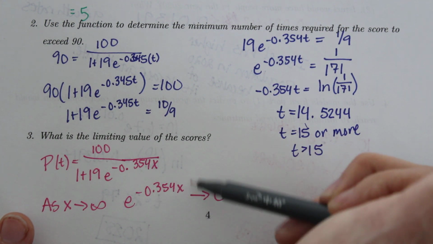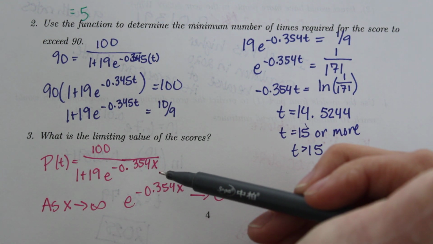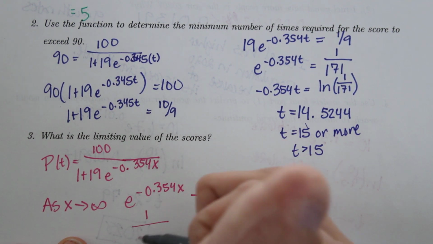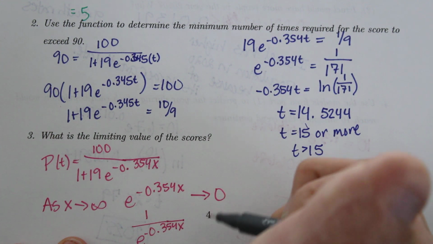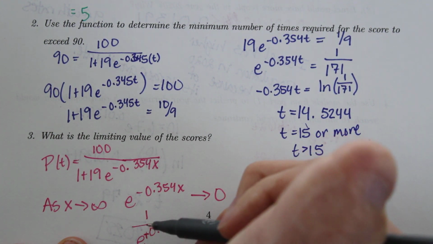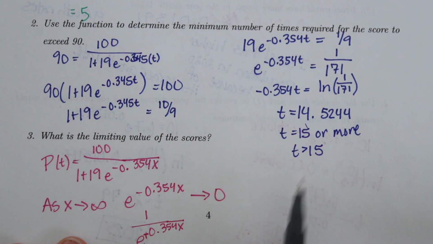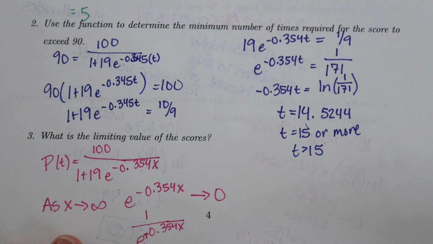Remember, e to the negative power is 1 over e to the positive 0.354x. So as x gets larger, that's going to make this denominator get larger as well. But 1 over anything bigger is going to get smaller and closer to 0.